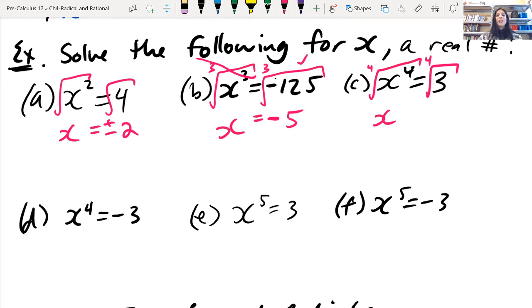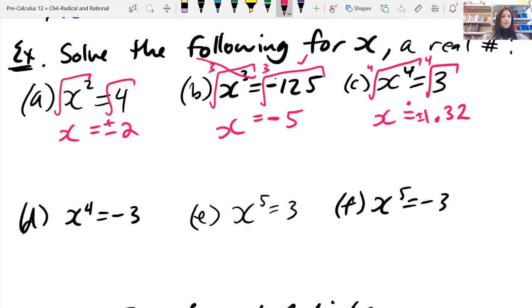You can show it with a squiggly equal sign like this, or an equal sign with a little dot at the top; they both mean approximately equal to. When you punch this into your calculator, you should get around 1.32. And again, I should say that it's plus or minus because of the fact that we have an even root there. Notice I didn't do that for part B when I had an odd degree root.